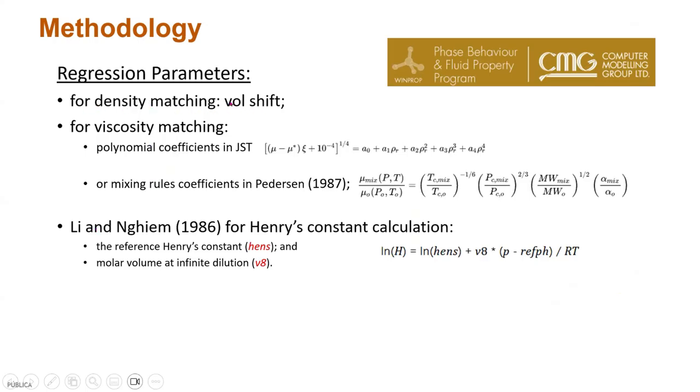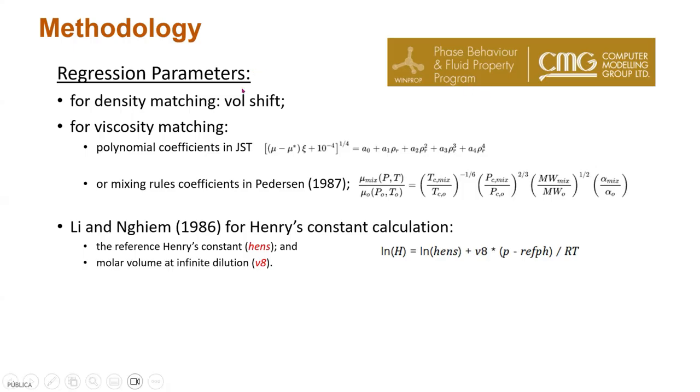For density, we used volume shift to calibrate the density. Actually, the density is very well predicted using default parameters. Sometimes you need to correct some deviation, especially at higher pressure. For some mixtures, we can observe some deviation, especially for hydrogen, at higher pressure, and you need to fix this deviation.